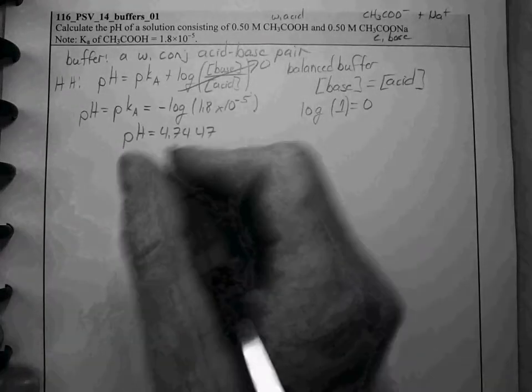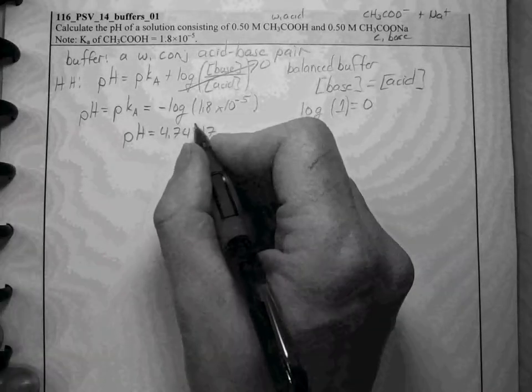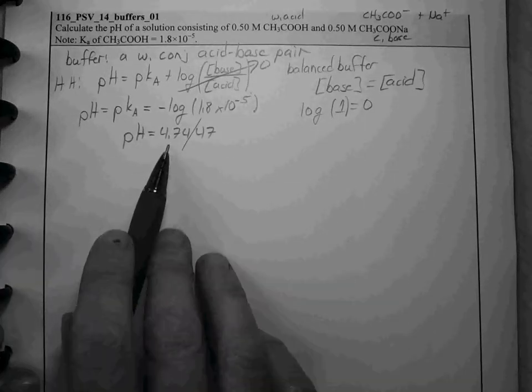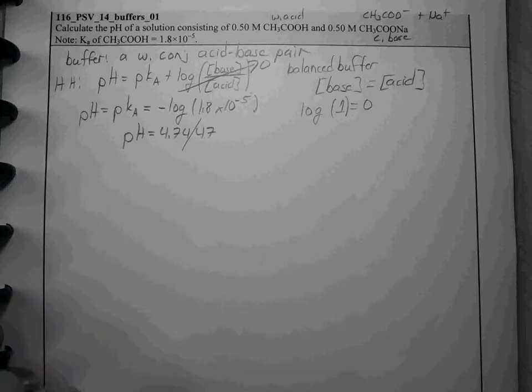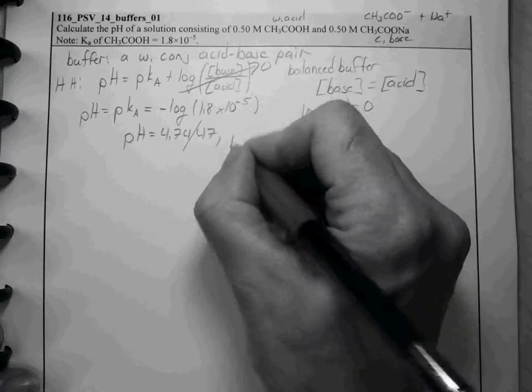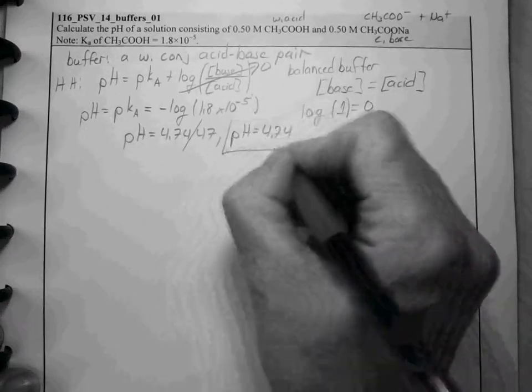We want 2 sig figs in our answer, and as we only count those decimal places after the decimal point as sig figs when we calculate the log of a number, our final answer is that the pH is equal to 4.74.